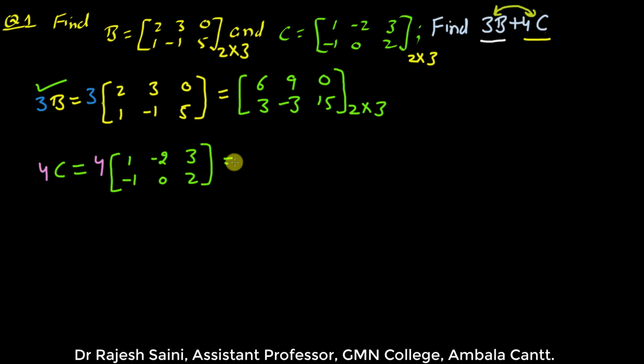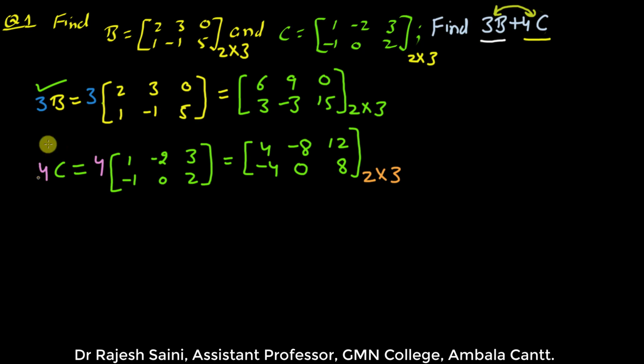So this will be equal to, doing the multiplication element wise, 4 into 1 is 4, 4 into minus 2 is minus 8, 4 into 3 is 12, 4 into minus 1 is minus 4, 4 into 0 is 0, anything multiplied with 0 is 0. Okay, 4 into 2 is 8. Again, it has 2 rows, 3 columns. So it is again 2 by 3.